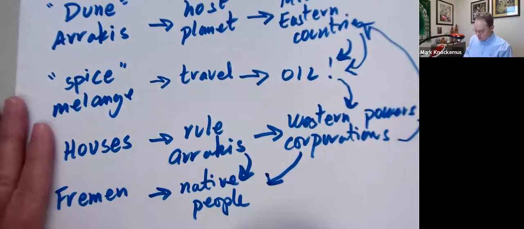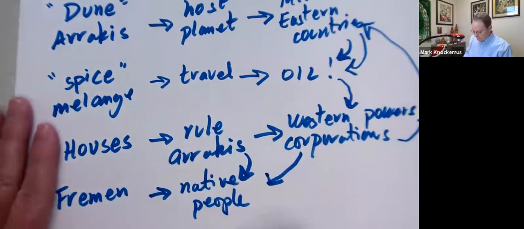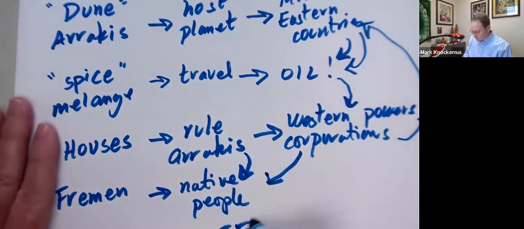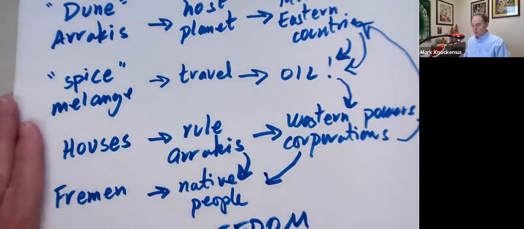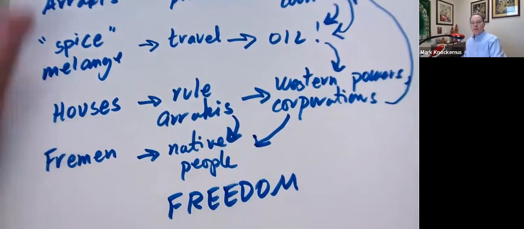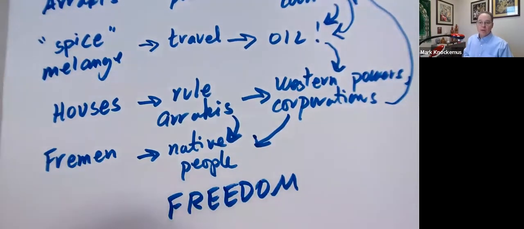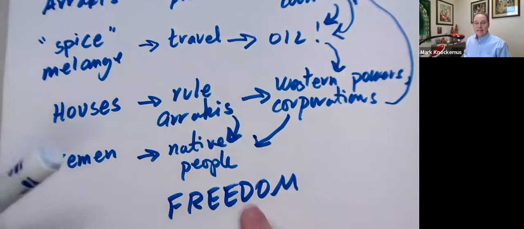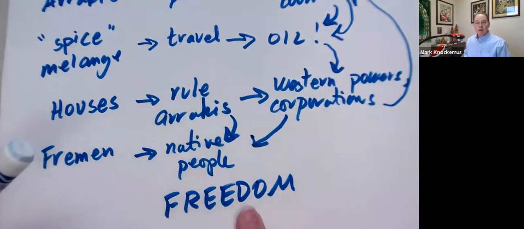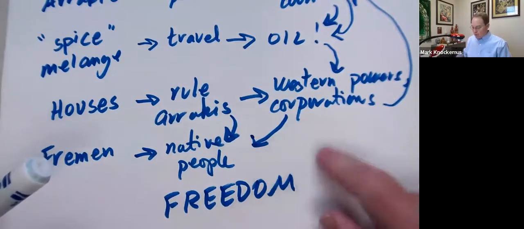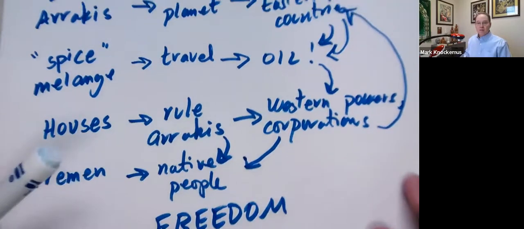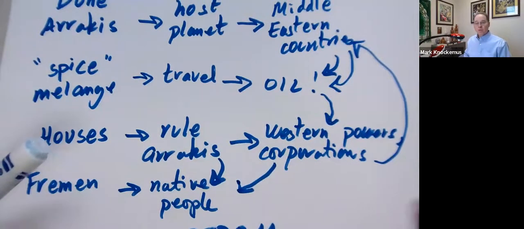And of course, the underlying message here, what Frank Herbert is trying to explore and share with the reader, is this idea of sovereignty, of freedom for the native people of these countries, which are being exploited by Western powers and Western corporations for oil.